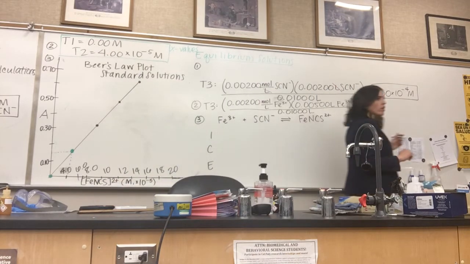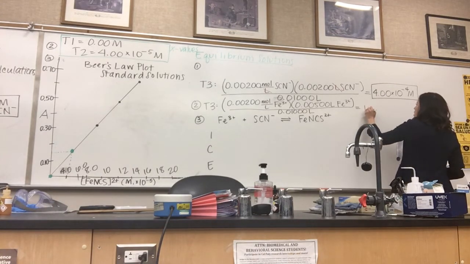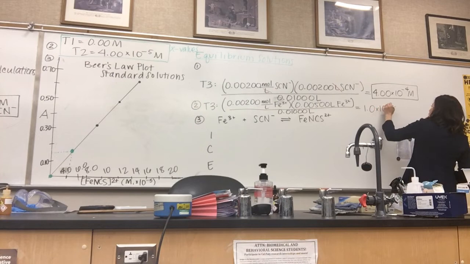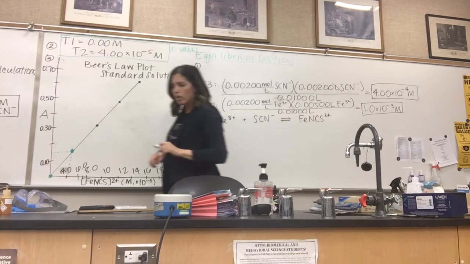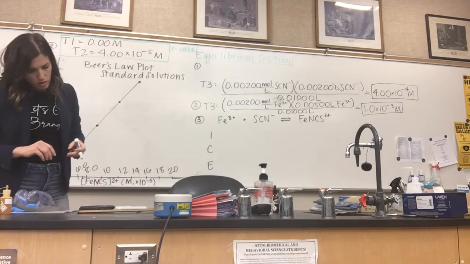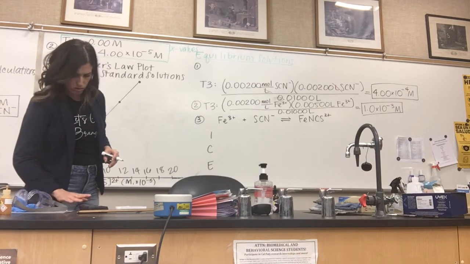You getting 1.0 times 10 to the negative 3? Yeah. For count 2. Oh, that's right. 2.0.